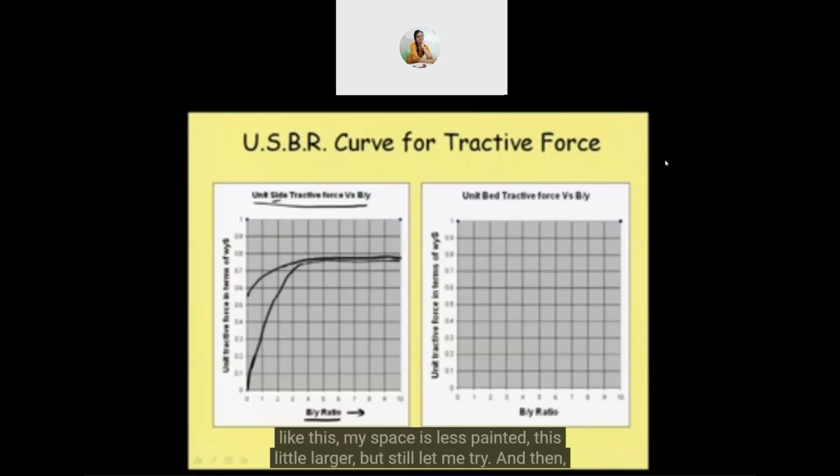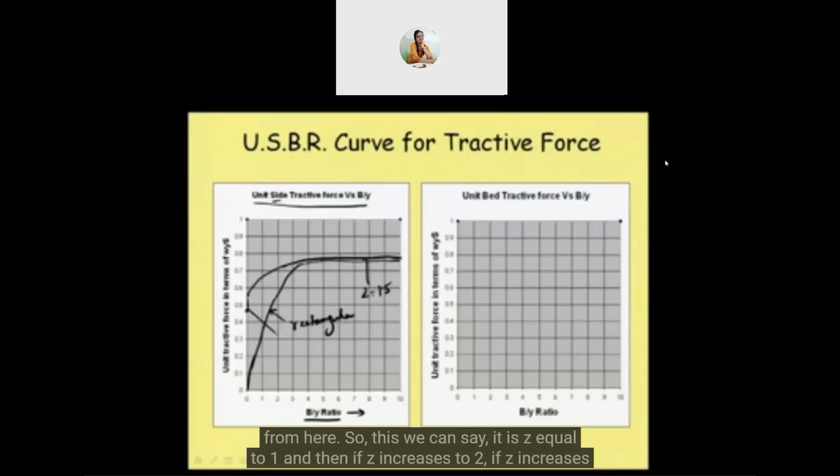So this curve is for, say, z equal to 1.5, and this is rectangular. And of course, if we draw for z equal to 1, it will be almost following the same line, but it will be starting from here. So this we can say is z equal to 1.